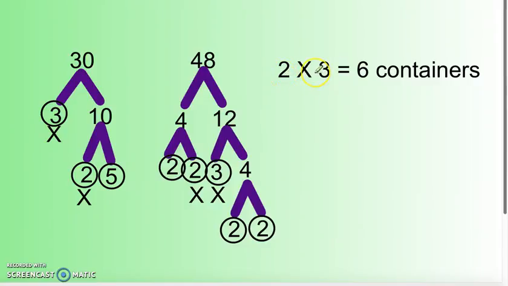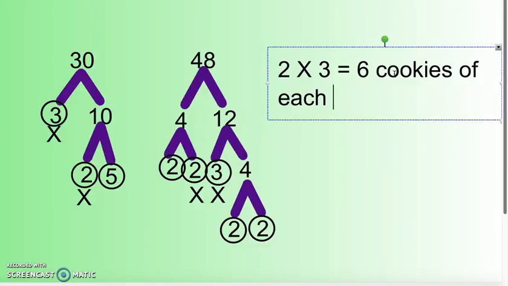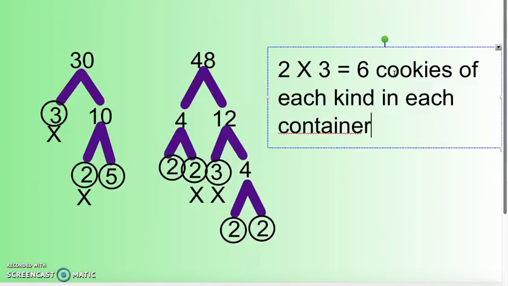So I multiply those together, and I know now that I can have not 6 containers, but 6 cookies of each kind in each container. So I can have 6 oatmeal cookies and 6 chocolate chip cookies in each container, and I will be able to use up all the cookies and then be able to share it amongst my friends.